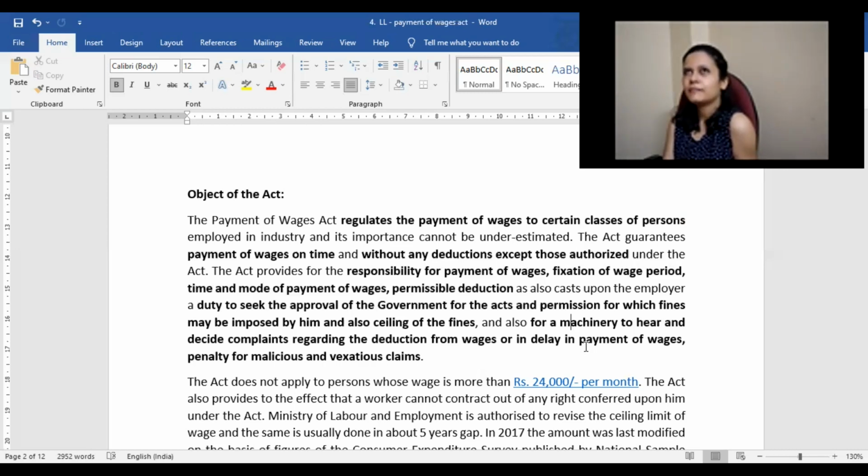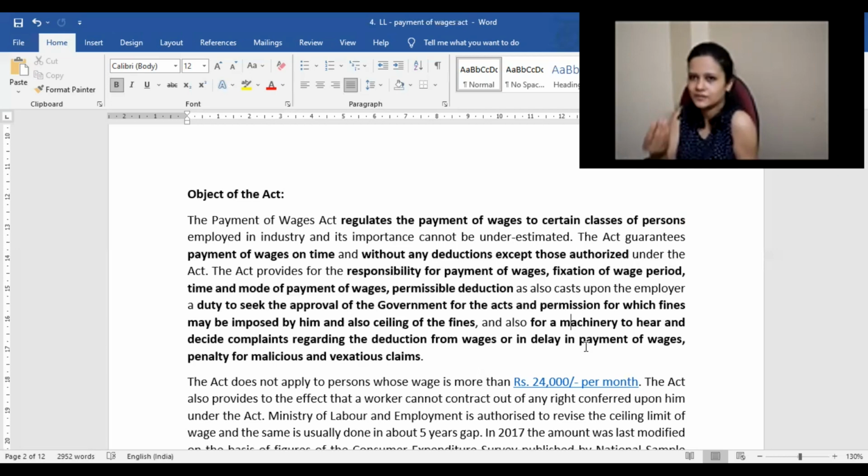No, see, there may be a union, but still they can say, okay, these are the deductions or these are the fines that we are doing. So in that case the union is also not that strong, right? This act says that these are the industries or areas where it applies, and it fixes a salary: whoever is earning below this salary, it will apply to them.